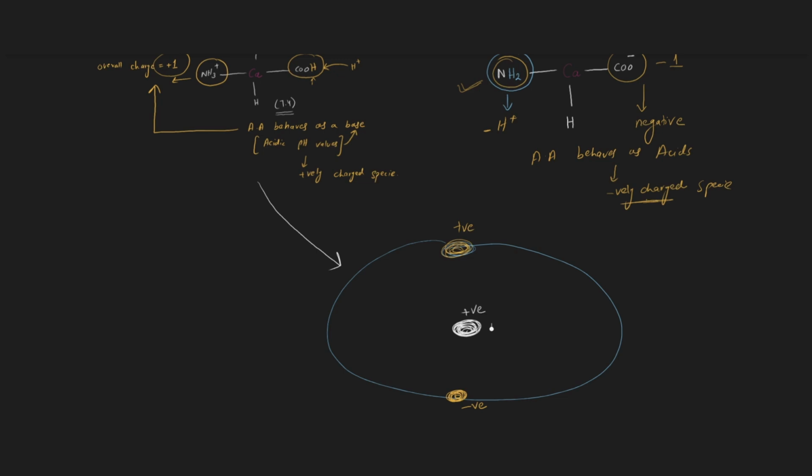Okay, so what will you suggest, in which direction will the amino acid move when the electrodes are turned on and charged? Definitely the amino acid is going to move towards the negative pole.